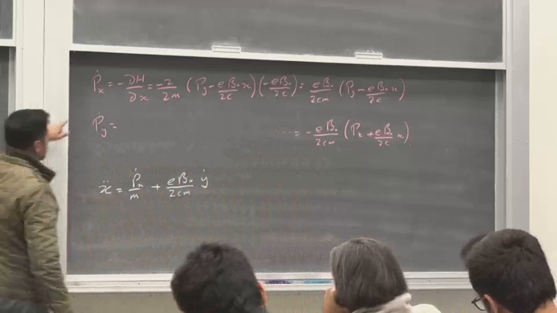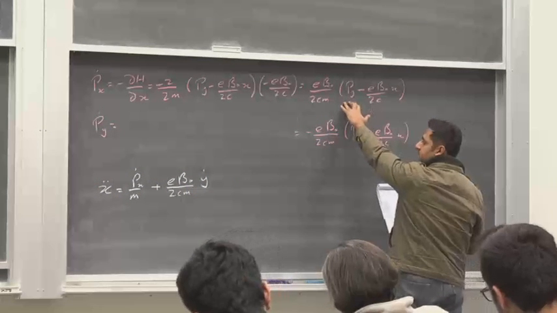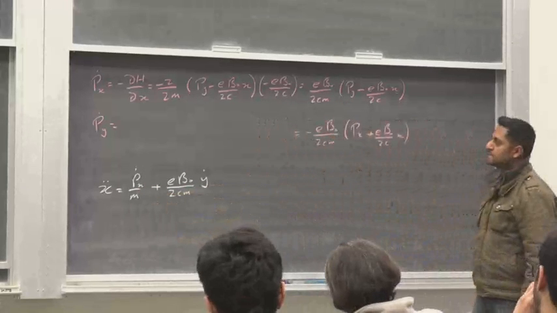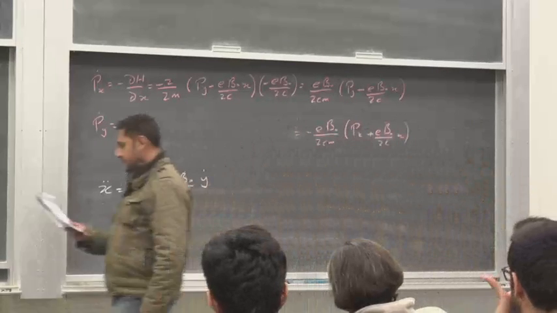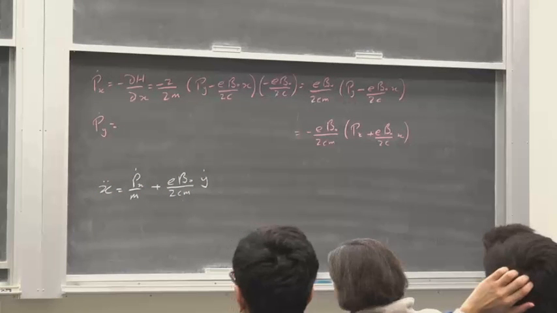Now I have the value of px dot, so I can replace it over here, and y dot is also present.